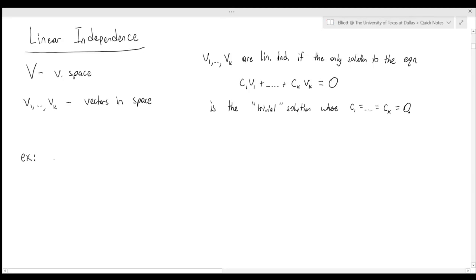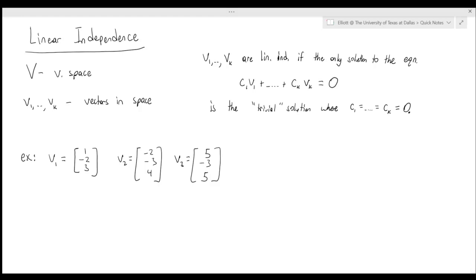All right, but let's set up an example real quickly. Let's actually use the same vectors that we had before in the first example. So we had these vectors v1, v2, and v3. And let's ask now if these vectors are linearly independent.